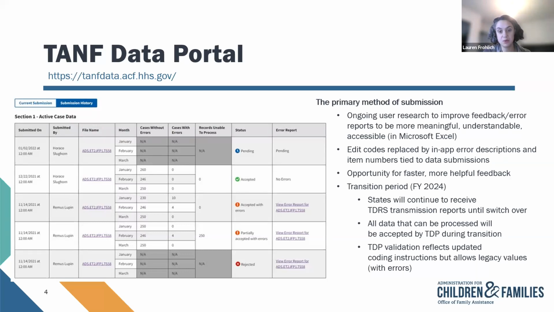If you continue to report what we're calling the legacy values, you may get an error saying, you know, this is no longer needed or this is out of range, but it's not gonna reject that case. It's not gonna reject that file.